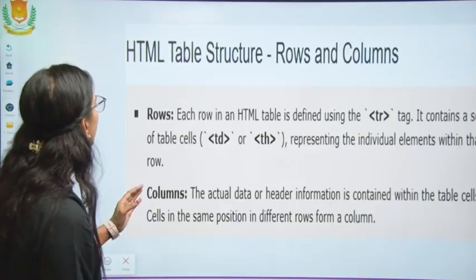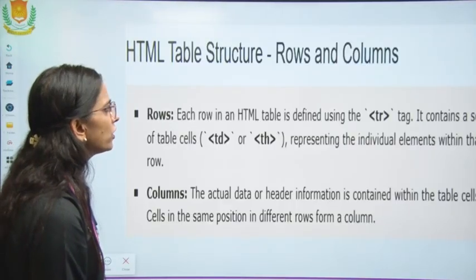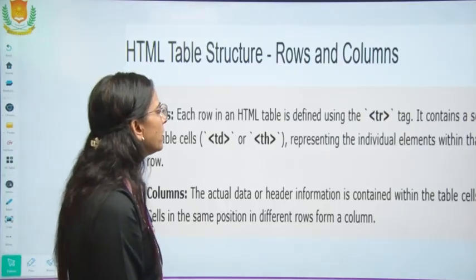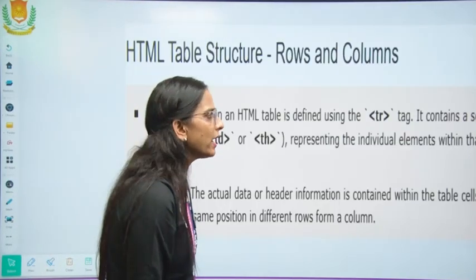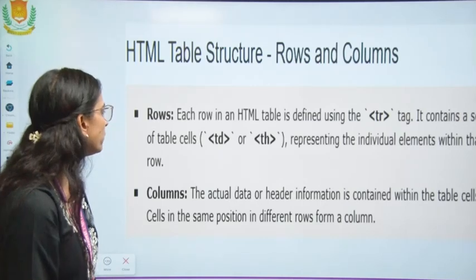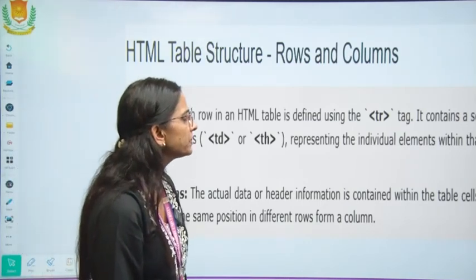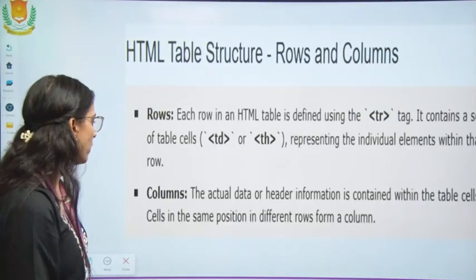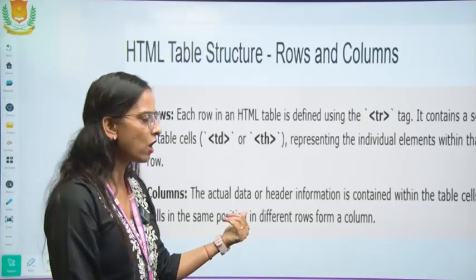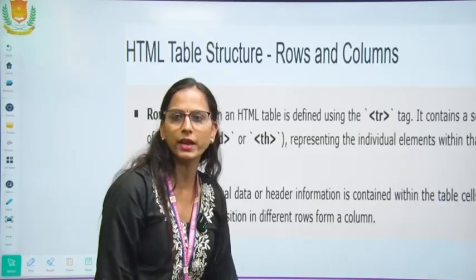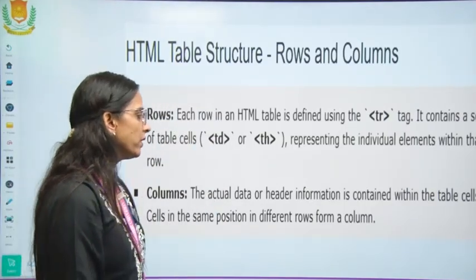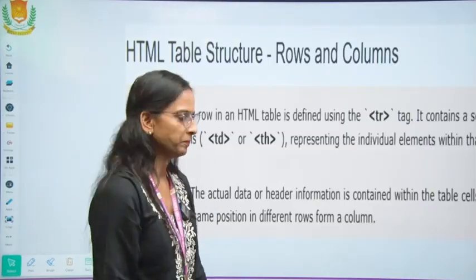Then we have the HTML table structure, rows and columns. Rows: each row in a table is defined using the tr tag. It contains a set of table cells representing the individual elements within that particular row. Columns: the actual data or header information is contained within the table cells. Cells are in the same position in different rows and columns.